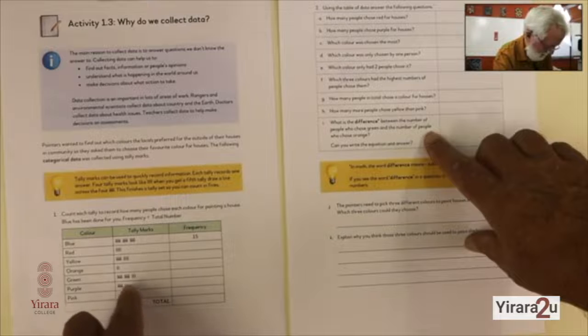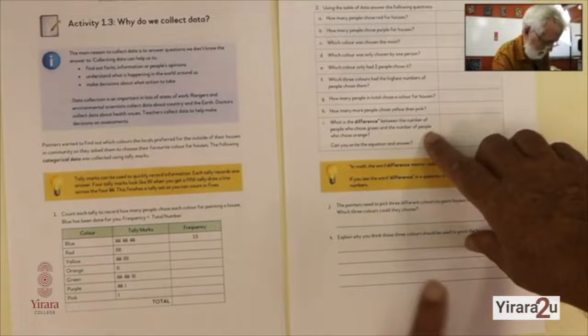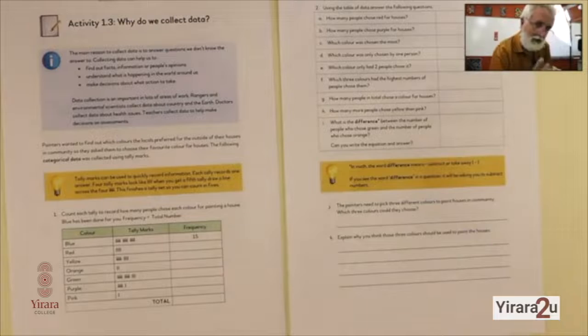And then we need to figure out how many more chose green than orange, and can you write that down in an equation? I want you to do that. See if you can do it. We might be using plus or minus, add or take away, times or divided by, one of those things. We'll use an equal sign in it as well and see if you can put it together.